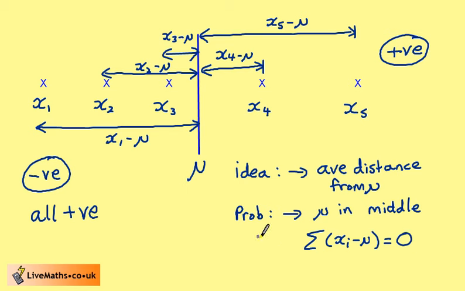There are 2 possible solutions that we could consider to making all of these measurements positive. The first of these is simply to ignore the signs. For example, we know x1 minus mu is a negative result. Let's suppose it was minus 10.